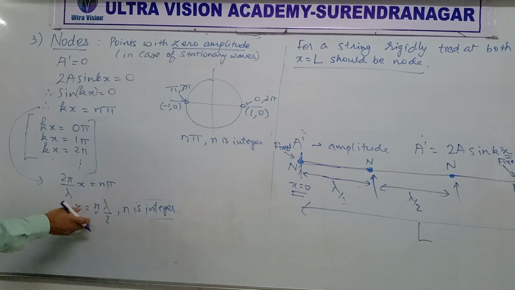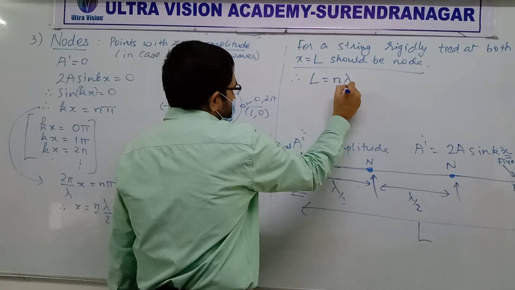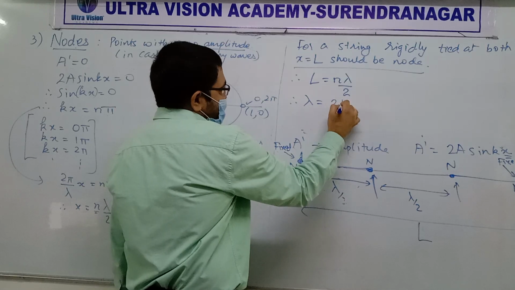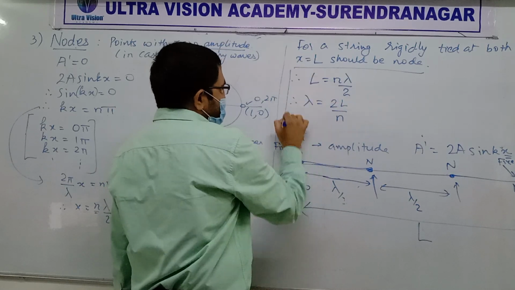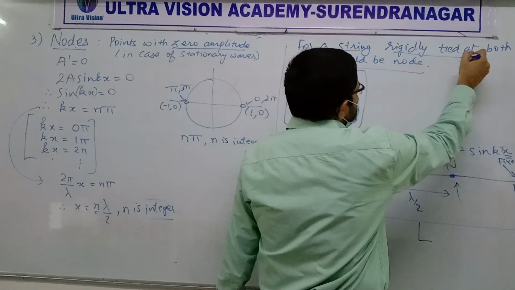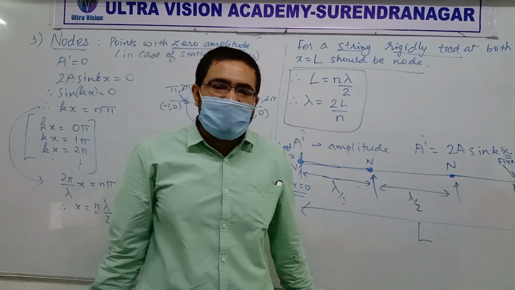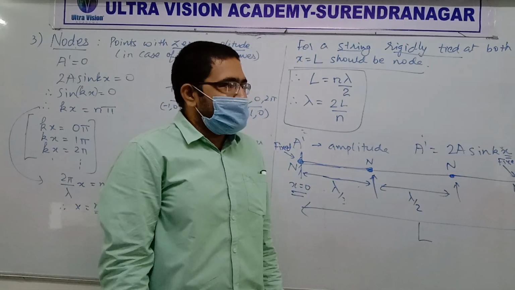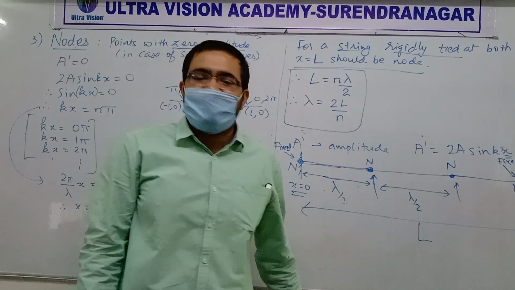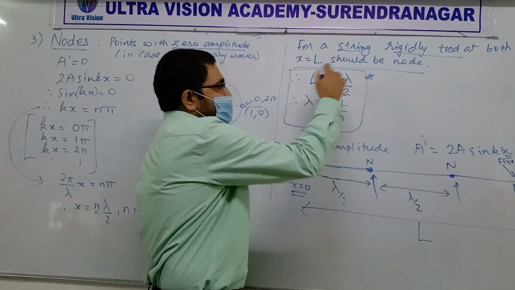So let's use that here. L is equal to n lambda by 2, or lambda is equal to 2L by n. So what these relations are telling you is that for a string that is rigidly tied at both ends, whatever discussions we have done about standing or stationary waves can only be true if this is correct.